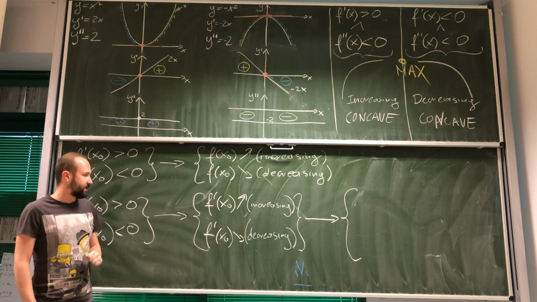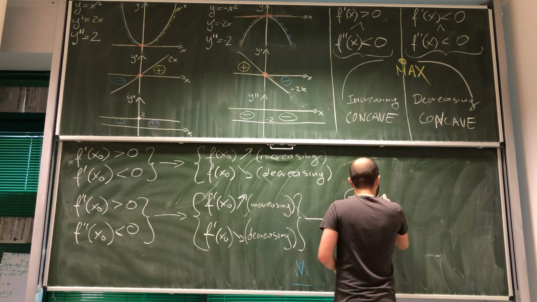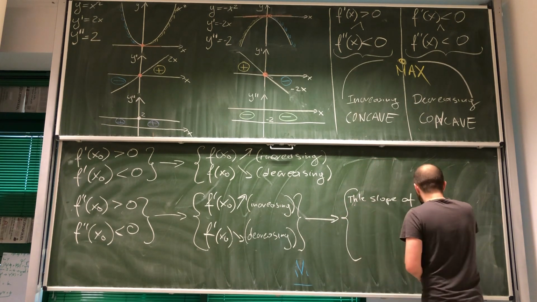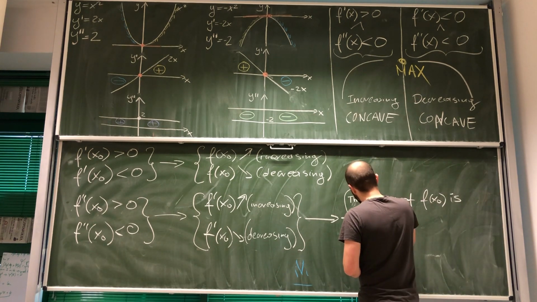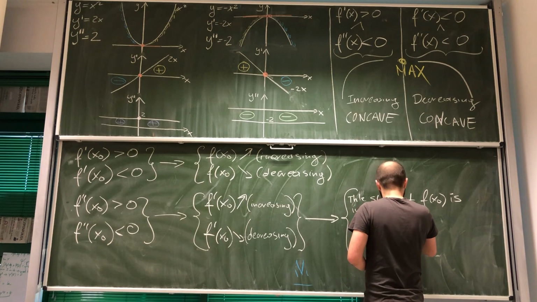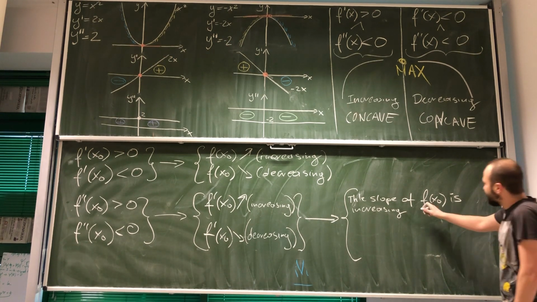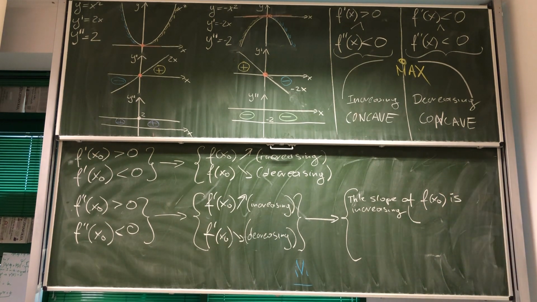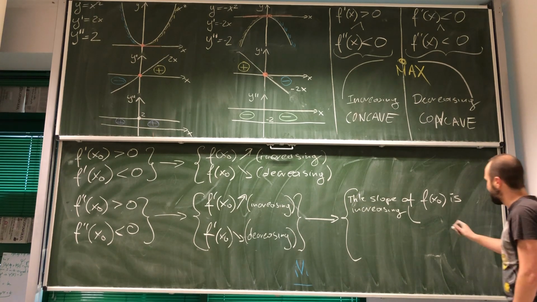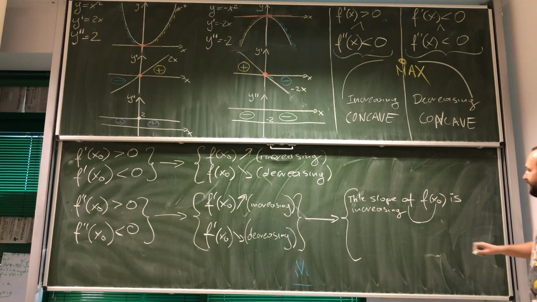But if the first derivative is increasing, it means that the slope of our original function, f of x0, is increasing. Which means that we can have two cases here, right? Either the function is falling, but it's falling slower and slower, or it is increasing and it's increasing faster and faster.